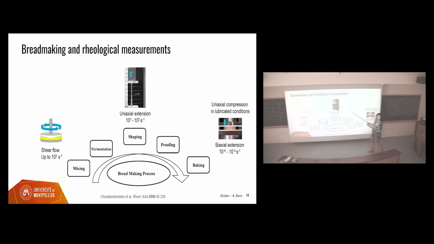For shaping, it appears more important to look at the extensional properties with higher strain rates between 10 and 1,000 second minus 1. And for the baking, during the growth of bubbles, we have to probe the biaxial extension properties in lubricated conditions. And here the strain rates are very low. The pertinent strain rates are between 10 minus 4 and 10 minus 3 second minus 1.